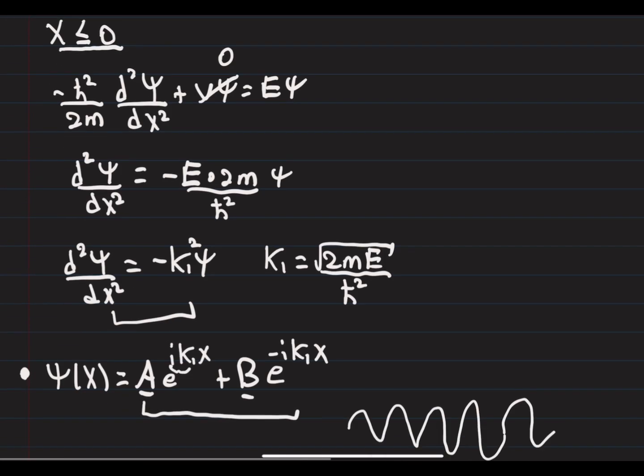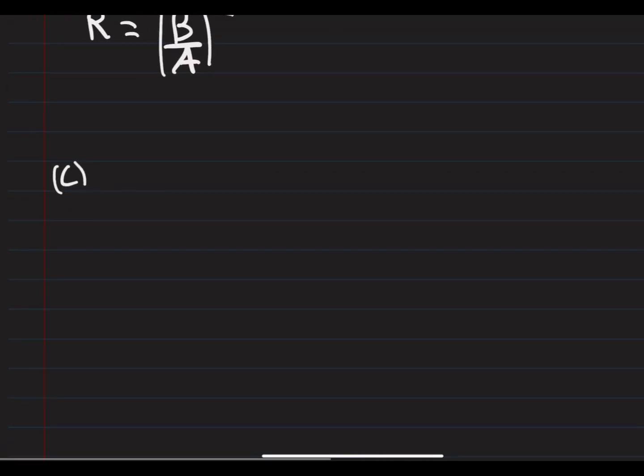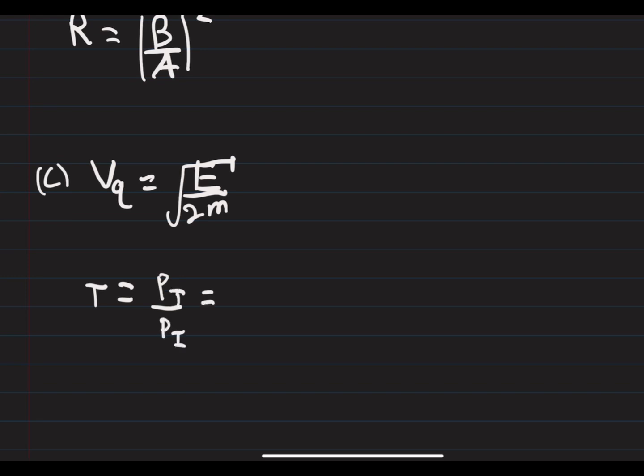For C, some of this is just algebra, I'll kind of leave it. Just to help you guys out, it mentions v quantum is the square root of E over 2m. So then your transmission coefficient is the intensity of these, the transmitted versus incident, which is f over a times v transmitted versus v incident.